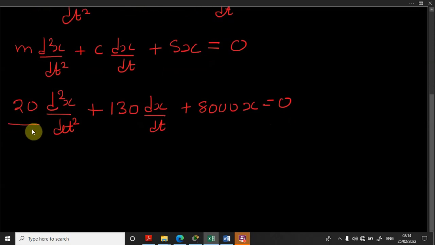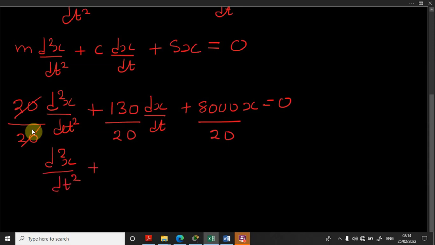So we'll divide through by 20, yielding d squared x over dt squared plus 6.5 dx dt, then plus 400 x, which is 0.